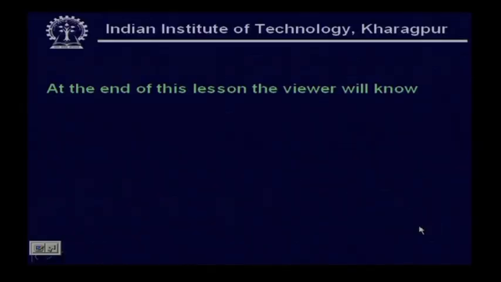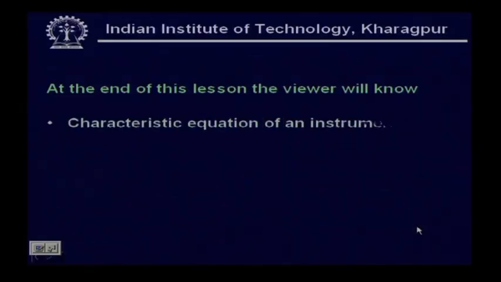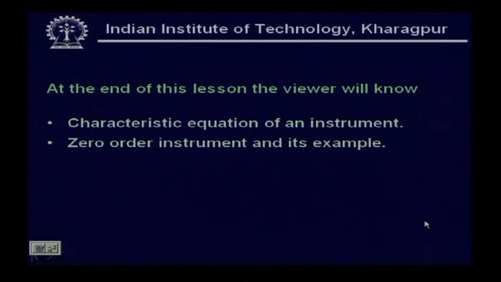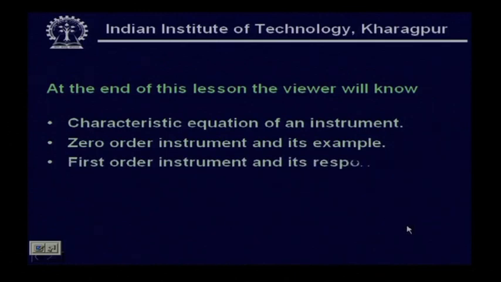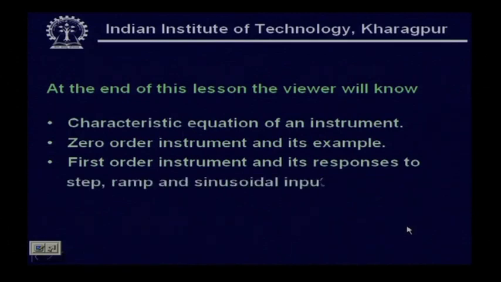At the end of this lesson, the viewer will know the characteristic equation of an instrument, the zero order instrument and some examples of zero order instruments, and first order instruments and their responses to step, ramp and sinusoidal input.